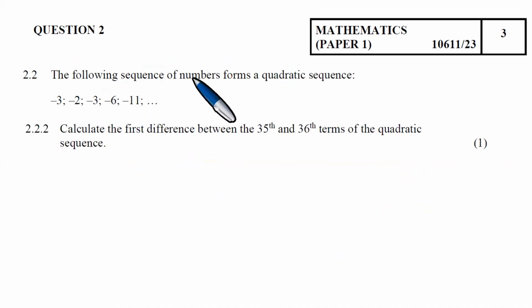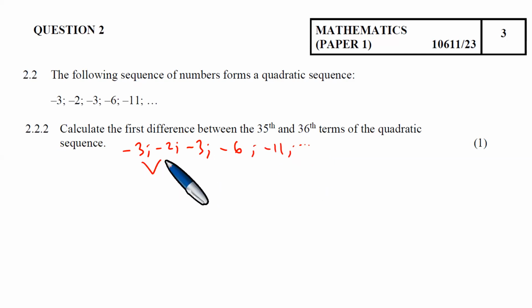The following sequence of numbers forms a quadratic sequence like we've seen. Calculate the first difference between the 35th and the 36th terms. If you look at these very carefully, you need to understand this. I'm trying to teach how you deal with the terms they pick, because they pick them very randomly. First we find the differences to understand what is happening.